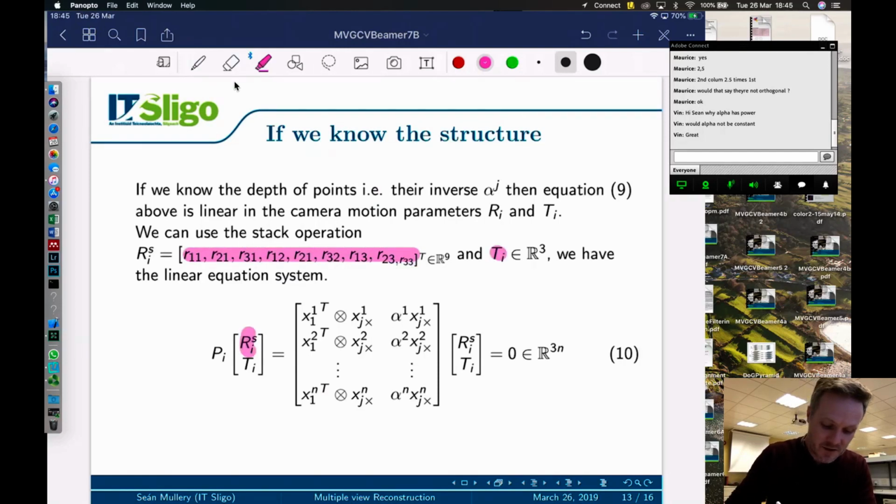So when we stack them in this direction, they end up being 12 items long. We can basically do Kronecker products here, and we end up with quite a big matrix. But within the null space of that, we can find our rotation and our translation, if we already know something about that lambda.